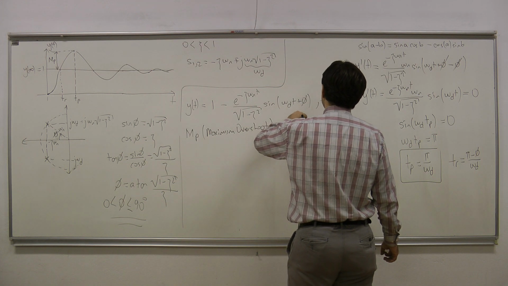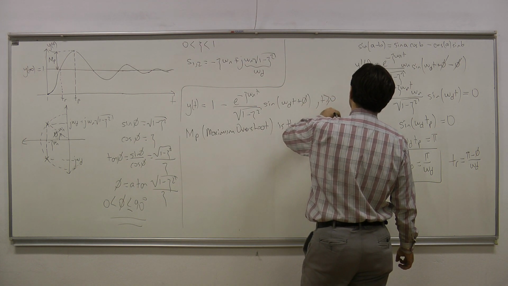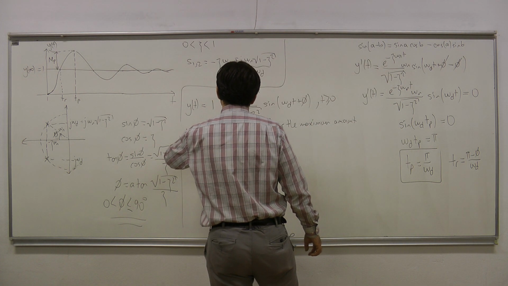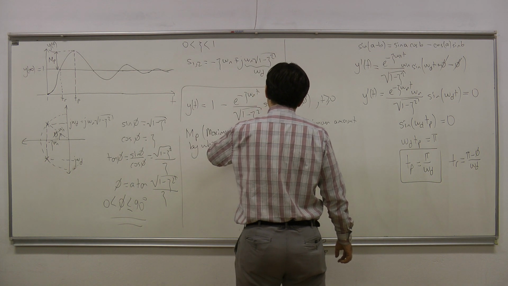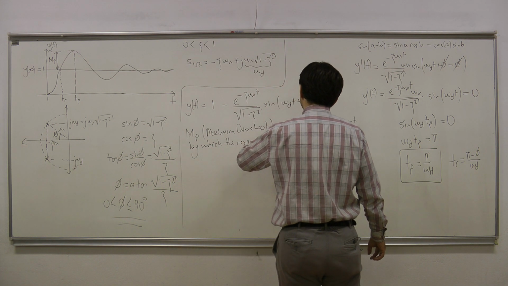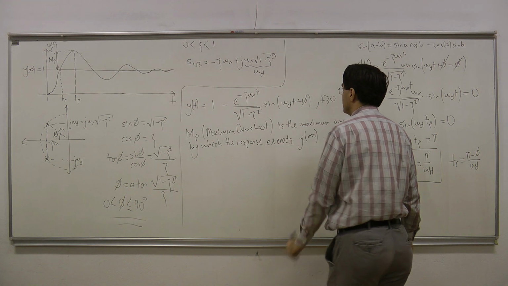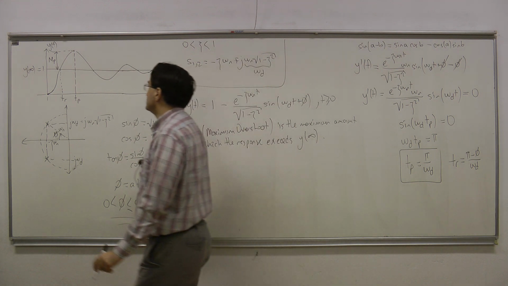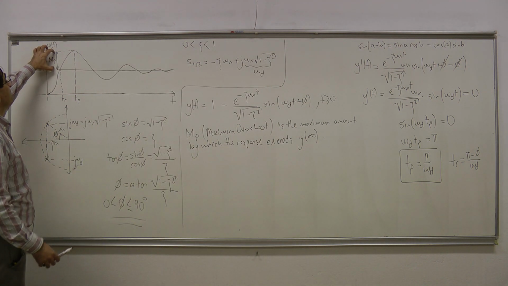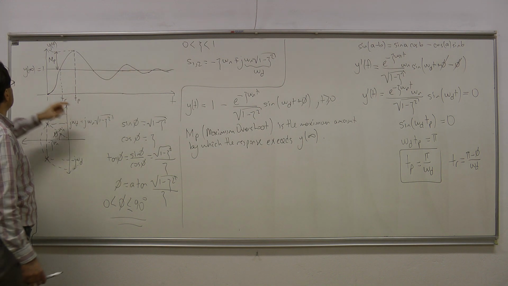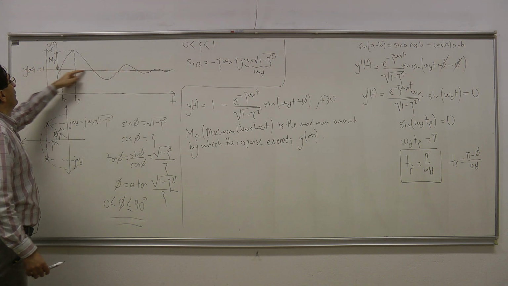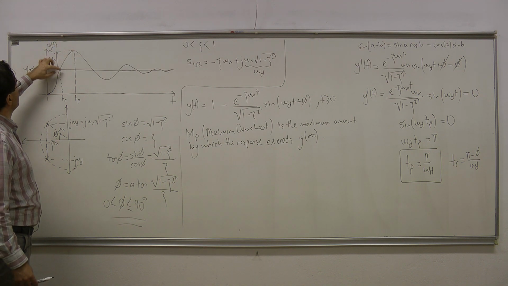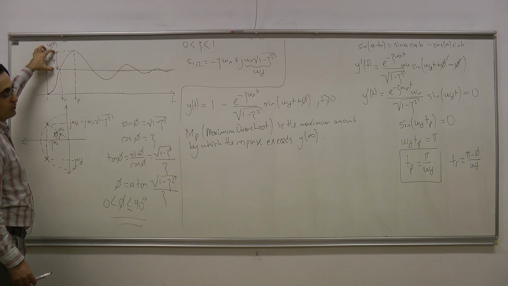Is the maximum amount by which the response exceeds y infinity. Okay? Here y infinity is 1, and the maximum amount by which this response exceeds this constant is going to be MP.